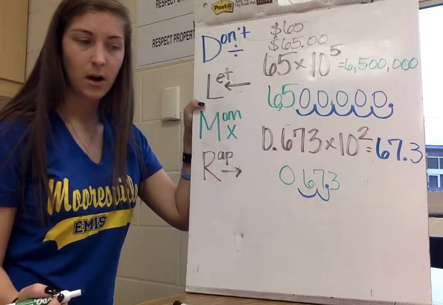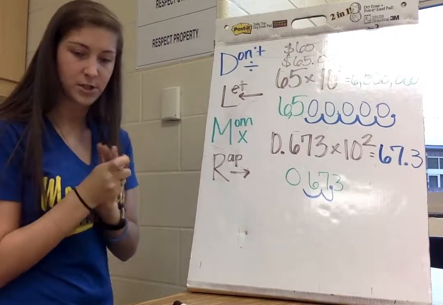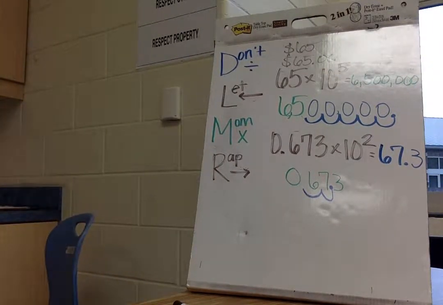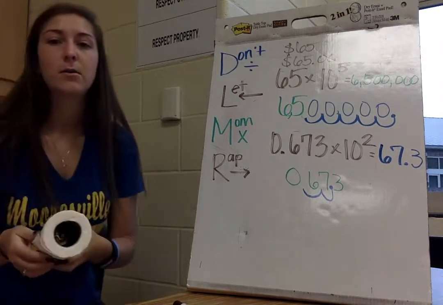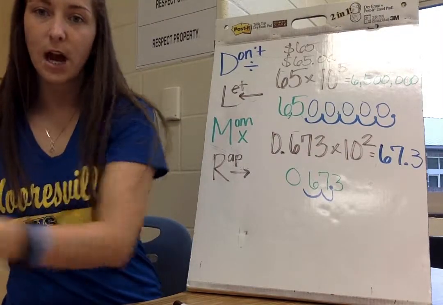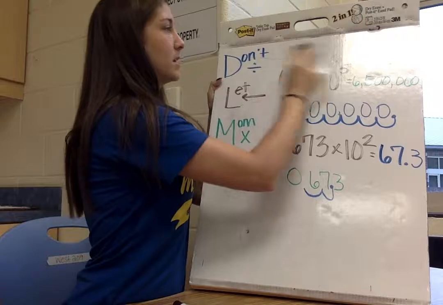Okay? All right, let's talk a little bit more about division. I'm going to grab a paper towel. When we talk about division, it's pretty much the same. You're just moving in the opposite direction.